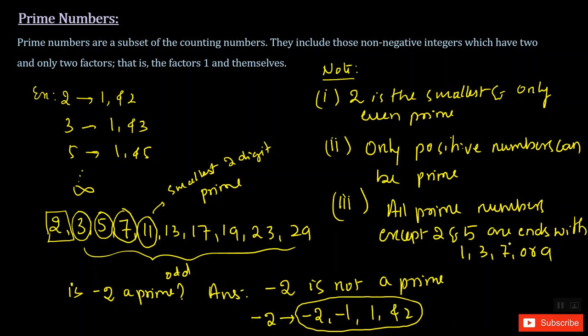All the prime numbers apart from 2 and 5 end with either 1, 3, 7 or 9. Look here, the numbers end with 1, 3, 7, 9. So always, except 2 and 5, those numbers end with these digits, right? Okay, and let's see the next.